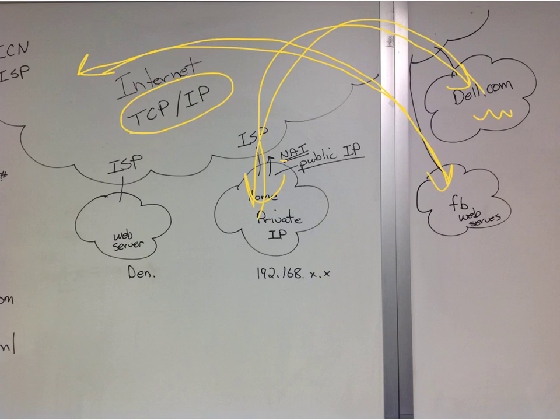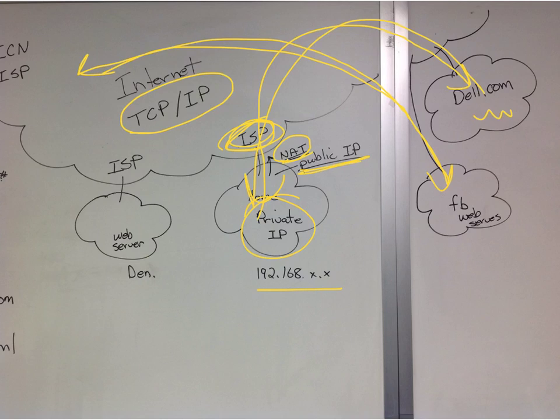So at home, the same thing happens. Your private IPs, which tend to be 192.168s, are converted to a public IP that your ISP provides. And they call that network address translation.